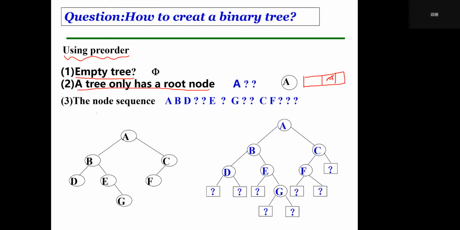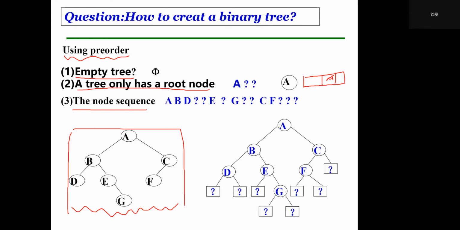But if the tree is not empty, or the tree does not have only one root node, if the tree is like that, this is the logical value of the binary tree. If the binary tree is like that, how can we create it?